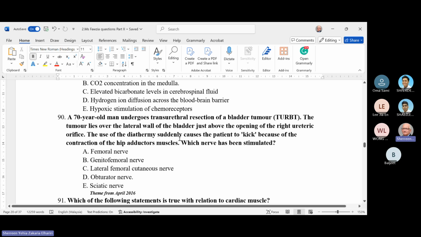Of course, theoretically it doesn't happen, but anatomy people usually need to put the anatomical knowledge in a case presentation. So he just asks which nerve gives nerve supply to the adductor muscle. What is your answer? Obturator nerve, the adductor of the thigh.